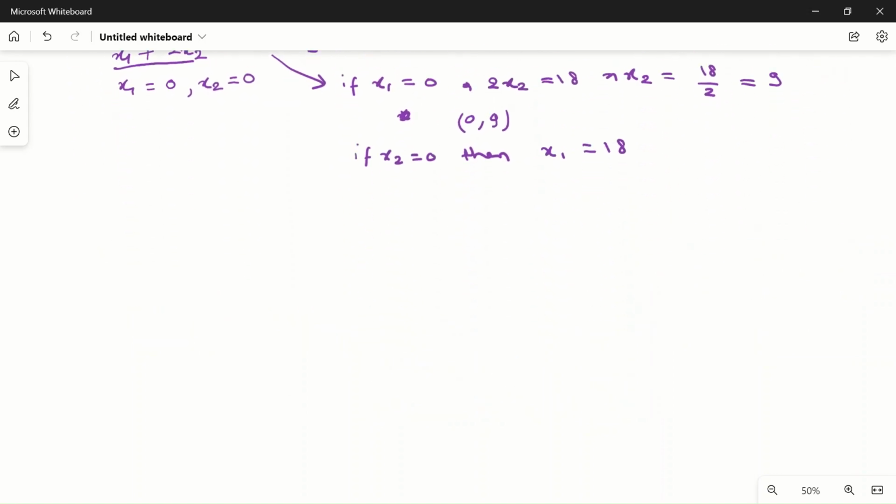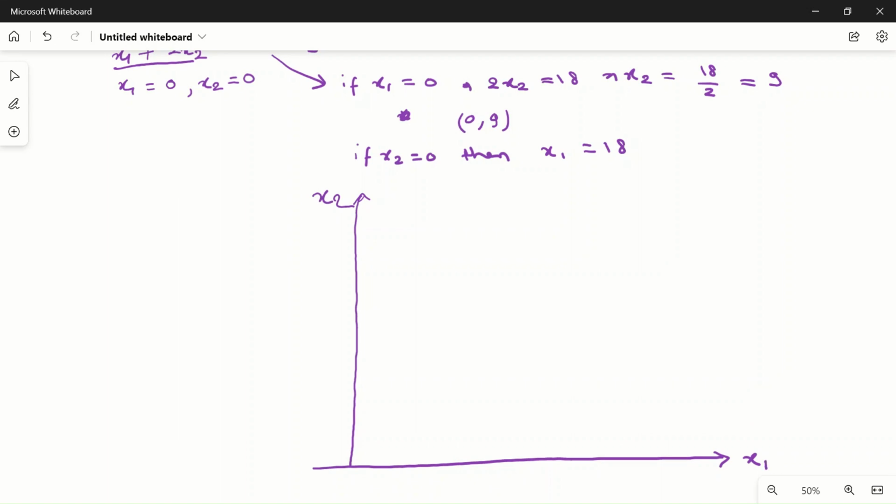Now we will draw the graph. Suppose this is the x1 axis and this is the x2 axis.